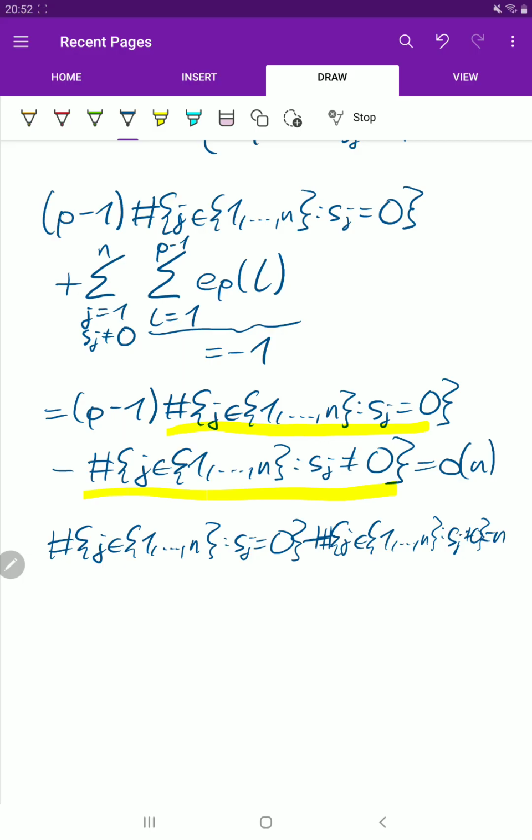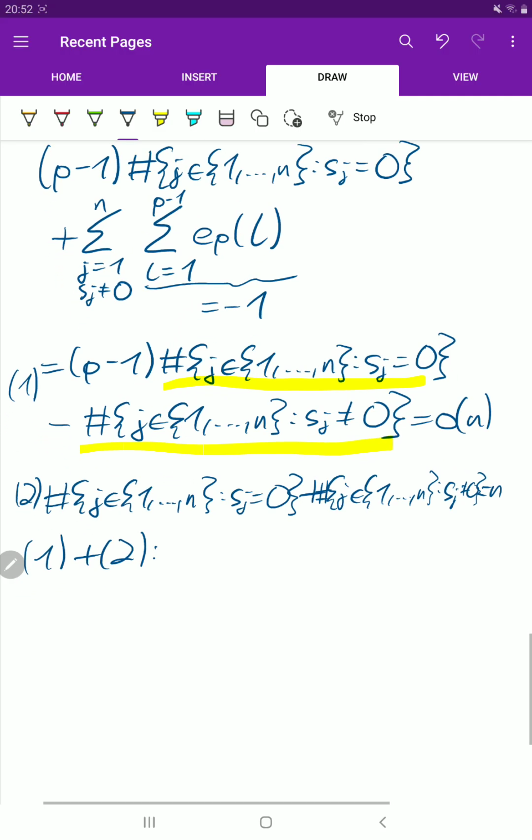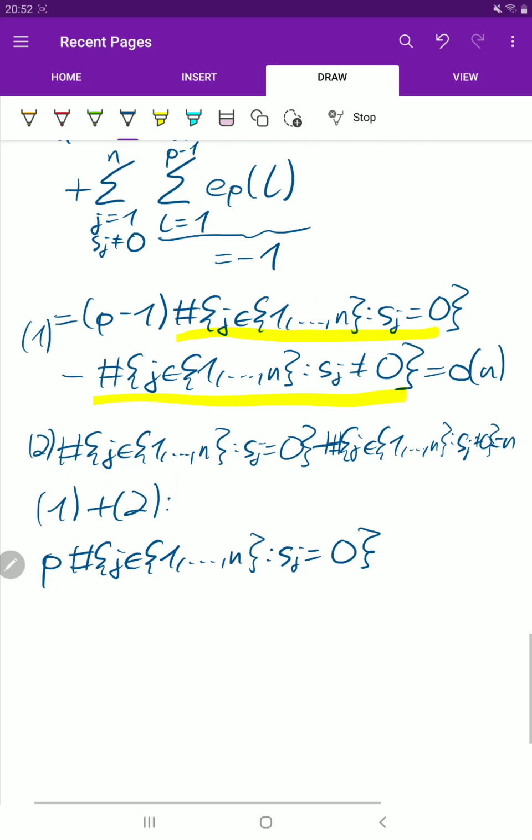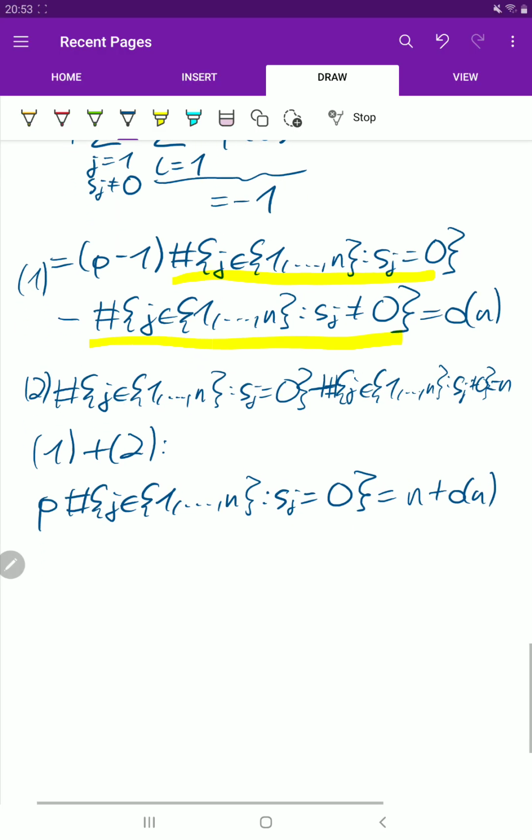Now let's call this equation here 1, this equation here 2. If we add these two equations together, we get p times the cardinality of j in 1 up to n, where Sj is 0, is now equal to n plus small o of n.